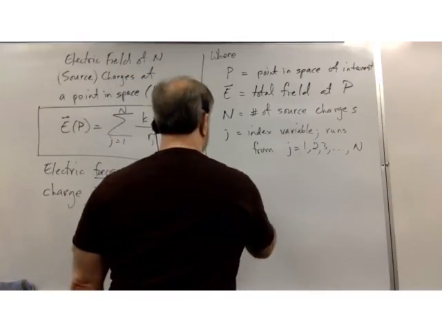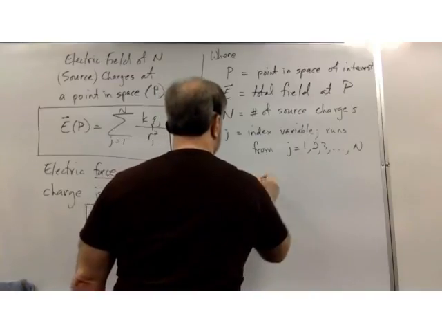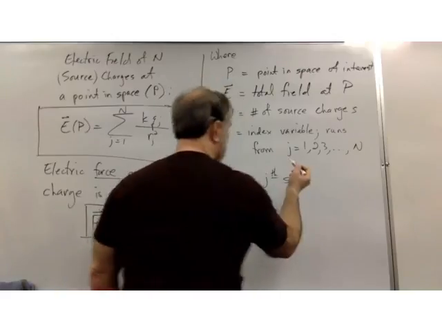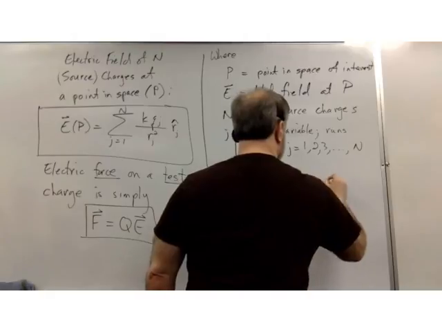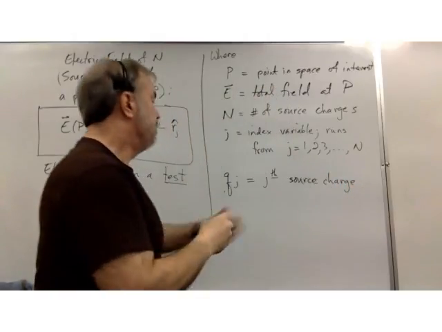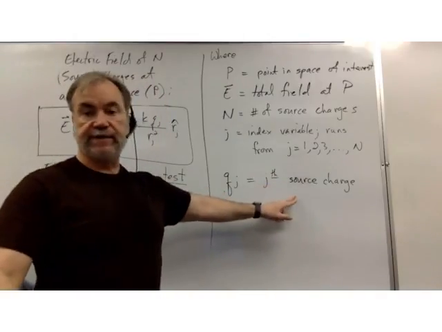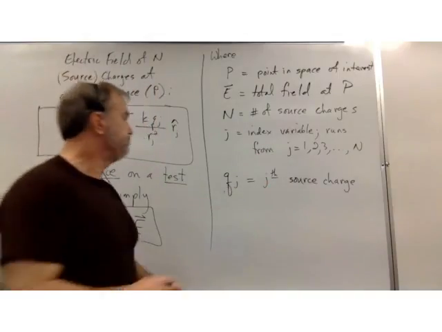Then that means that Q sub j is the jth source charge. So Q1 is the first source charge, Q2 is the second source charge, Q17 is the 17th source charge, Q sub j is the jth source charge, and so on.